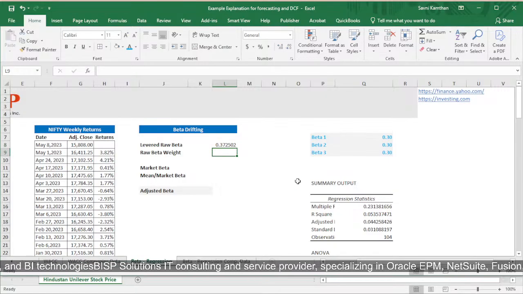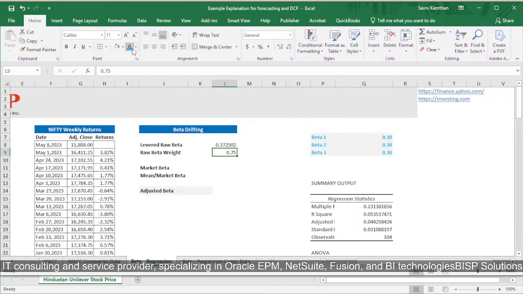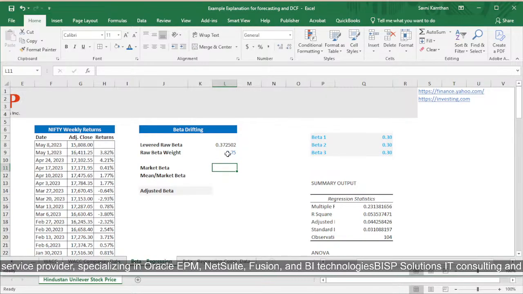So it is coming as 0.372502. Now I am taking my raw beta as 0.75 and I will be doing a hard coding here. So I have changed the color. Now market beta I have to calculate, so I am taking it as 1.